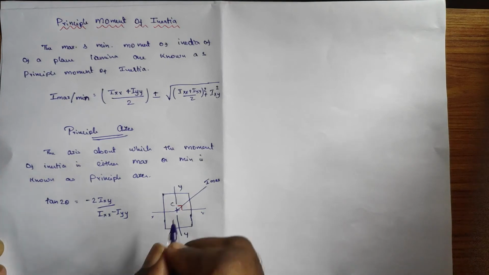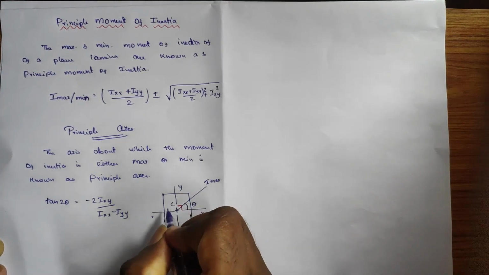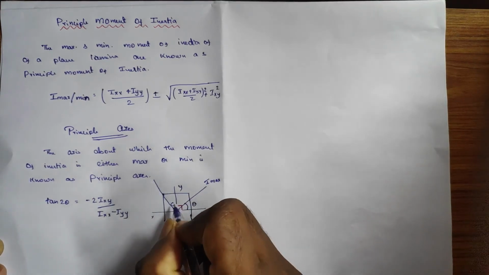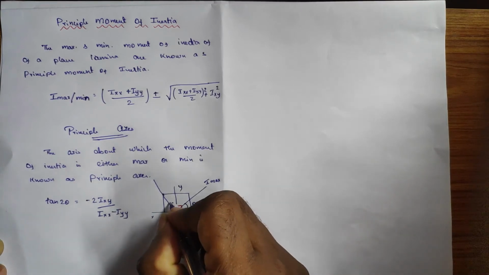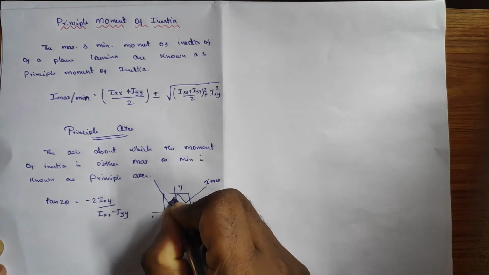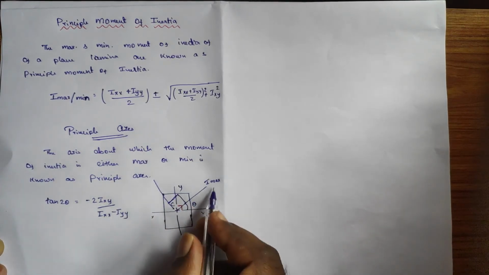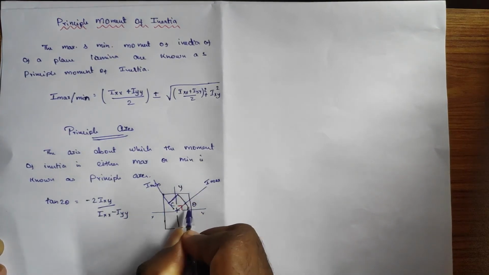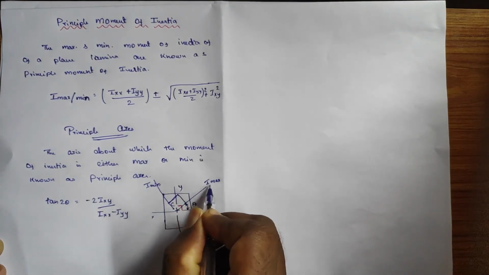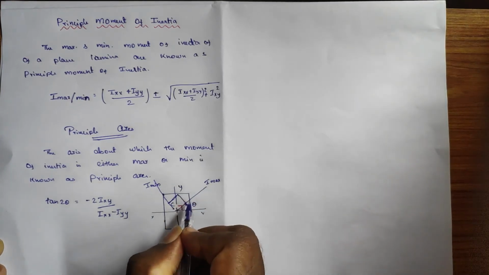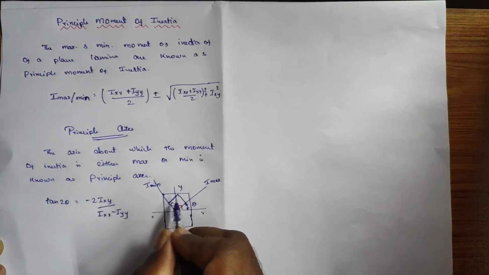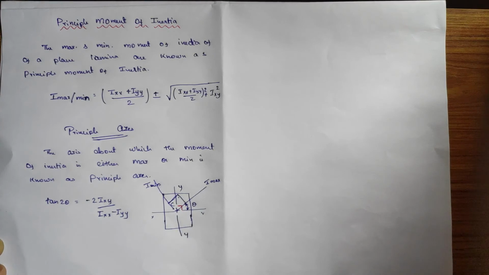Then the minimum moment of inertia will be somewhere here, just perpendicular, 90 degrees to the I max. So here will be I minimum. To find the angle of I minimum, theta plus 90 degrees gives you the location. This is how we need to place it.